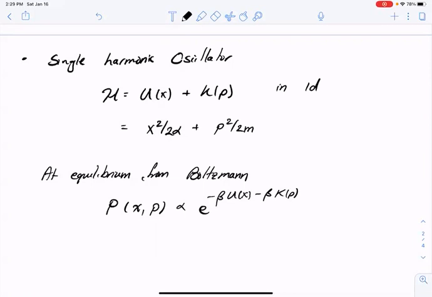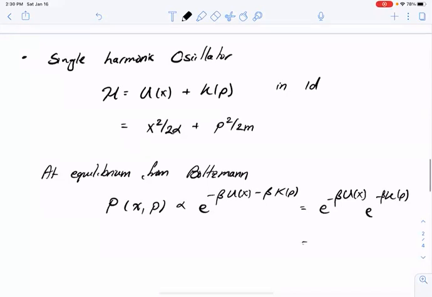And now for a classical system, U and K are numbers, not operators, which means that I can separate that exponential. The exponential of a sum is the product of exponentials. Which implies that the statistics of x and the statistics of p are completely uncorrelated. They factorize.